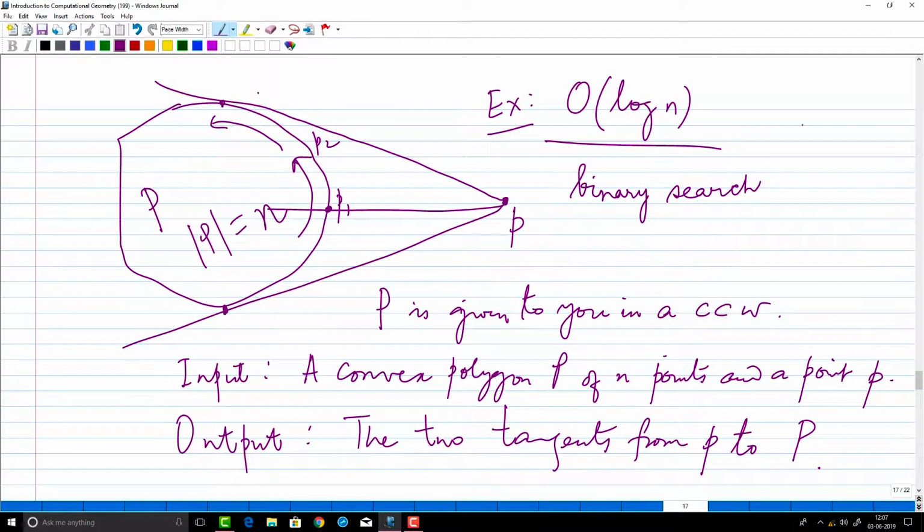So, that is what I said, we will do it in today's tutorial. As of now, assume there is a black box which can solve this problem for me in log n amount of time. Okay.